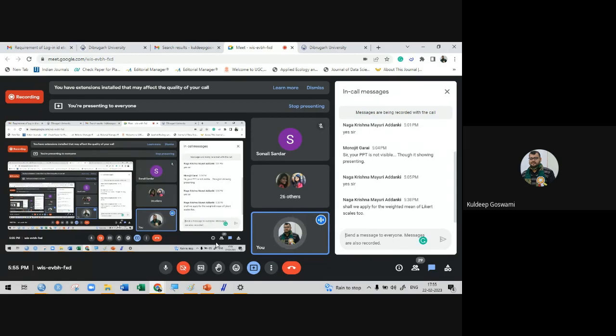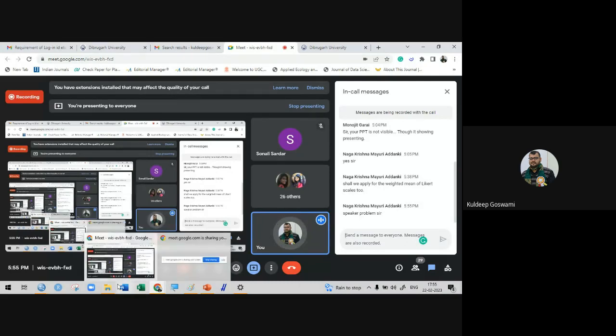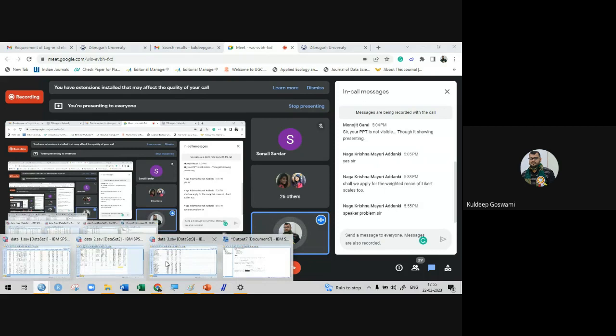Naga Krishna Moiri, can you ask the question directly to me? Okay, fine. Shall we apply it for the weighted mean of a Likert scale? Yes, there is some confusion about Likert scale actually.